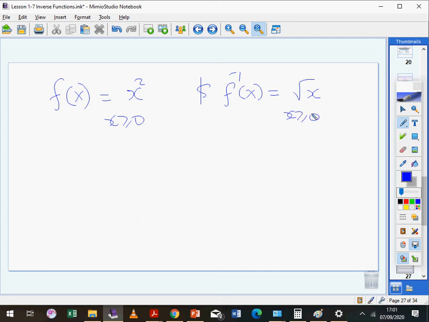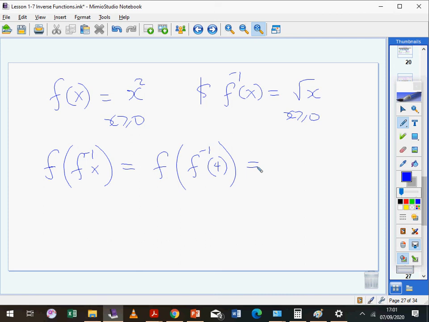I hope you can see that f of f inverse of x should be equal to any x value that I put in here. If I take f of f inverse of say 4, what will that give me? Let's see. What's the inverse function of 4?